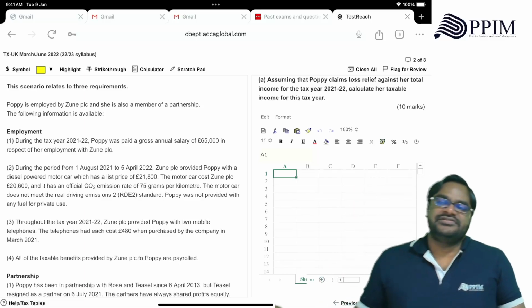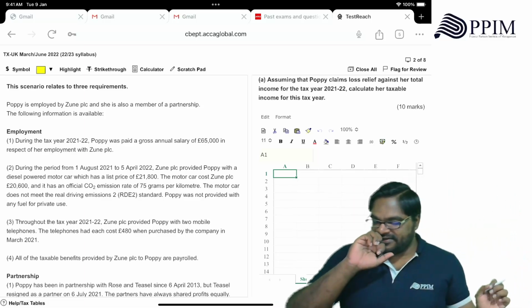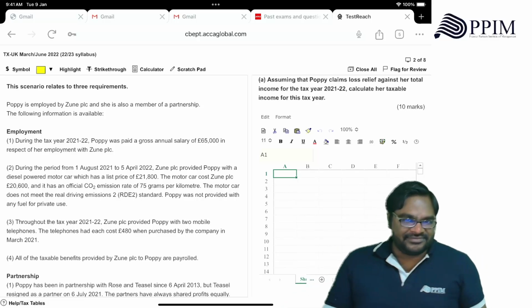Okay. We always go for the manufacturer's original price, not for the value that you have paid, when it comes to the car benefit.